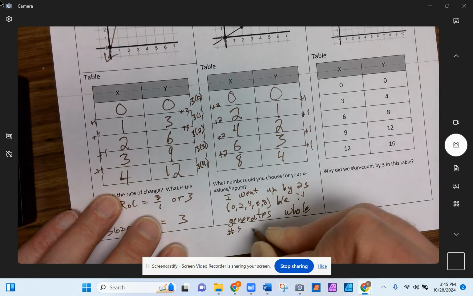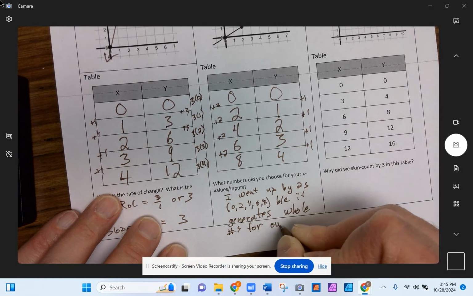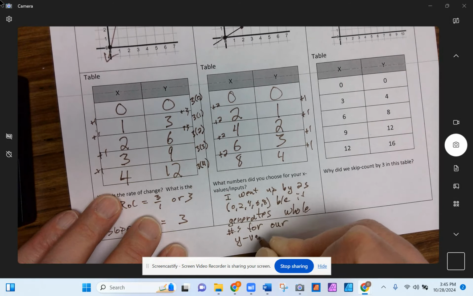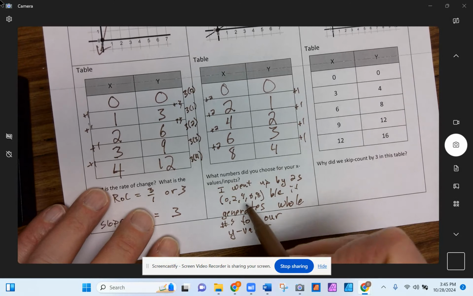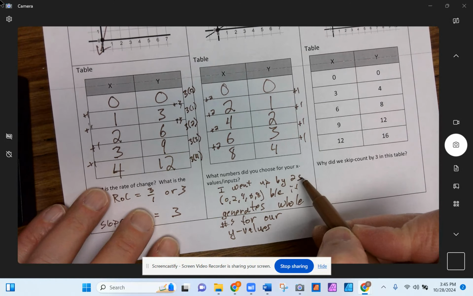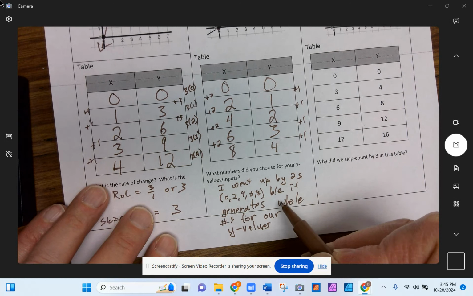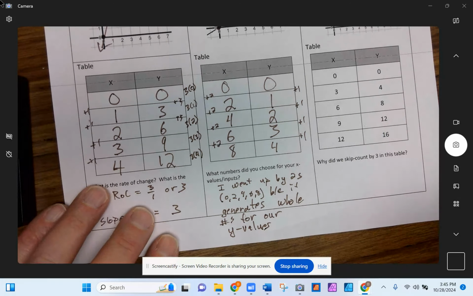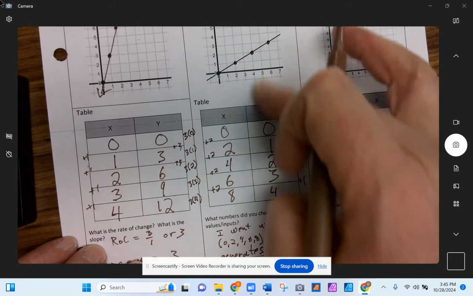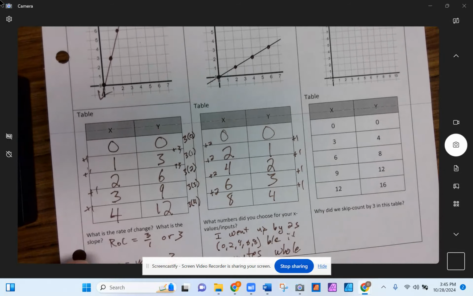Of course, we could change it, but I went up by 2's for our inputs, the x values, because it generates whole numbers for our y values, our outputs, right? Inputs are x values, outputs are our y values.